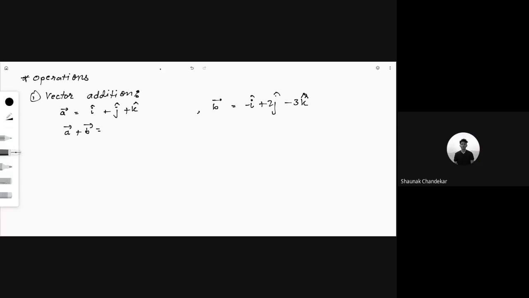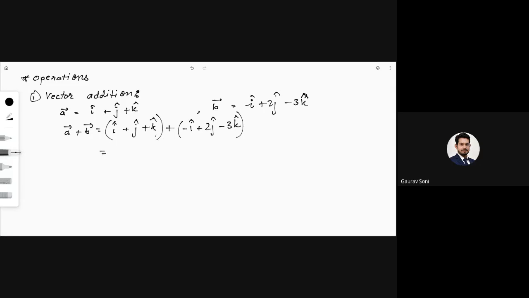It is 3J bar minus 2K bar. Hmm. So, yes, it is correct. I plus J plus K is to be added to minus I plus 2J minus 3K.